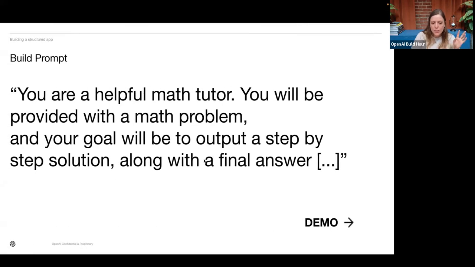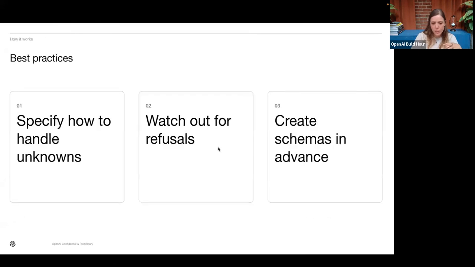So now, let's go back to the presentation a little bit and take a step back and think about what we just saw. As we've seen, if you don't specify how to handle unknowns, the model will do anything but let you know that it's not a valid answer. It will just hallucinate.